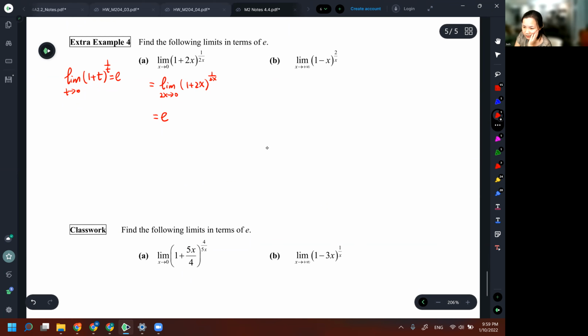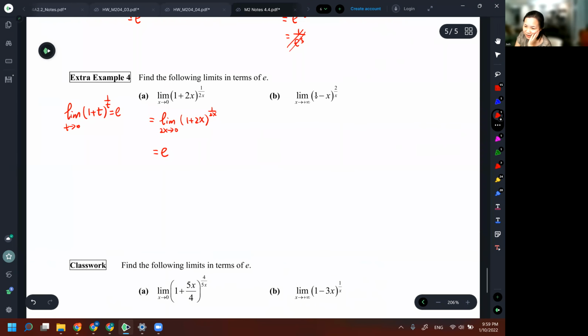Why do I think it's undefined? Because if x is 100, then this is 1 minus 100 to the power 2 over 100. That's undefined. A negative value as a base is undefined.